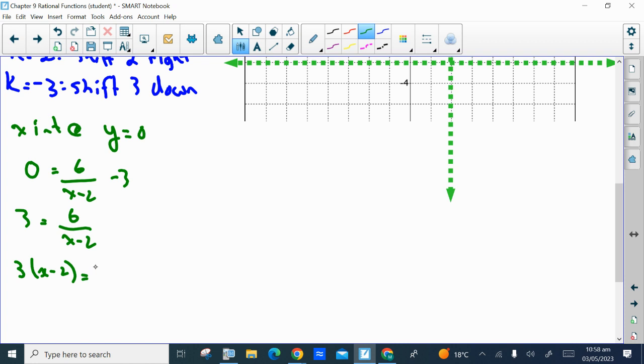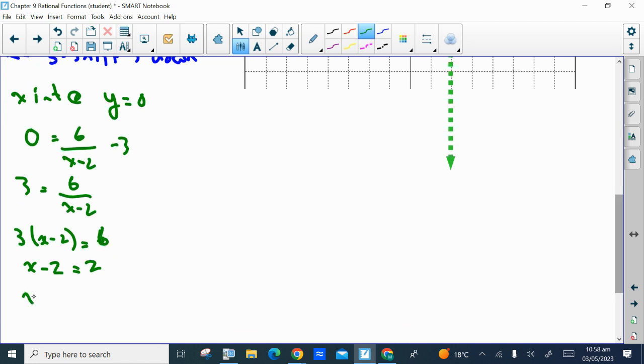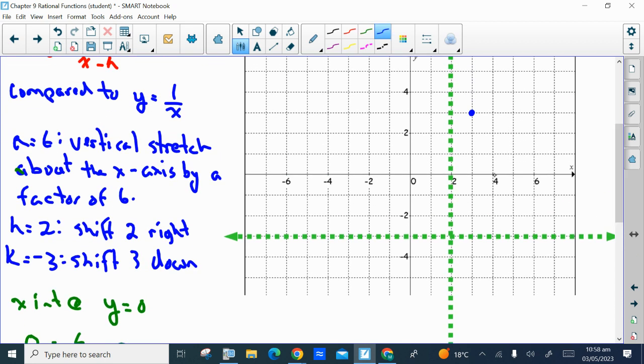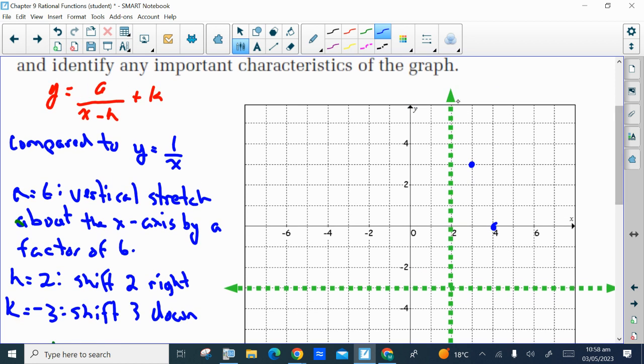That'll get rid of the x minus 2 on the right. We can divide both sides by 3. So on the right side, when you divide 6 by 3, you'll get 2. And then when you add 2 to both sides, you'll get positive 4. Our x-intercept is at positive 4. So this gives us actually 2 points that we can use to help graph this branch of the graph.